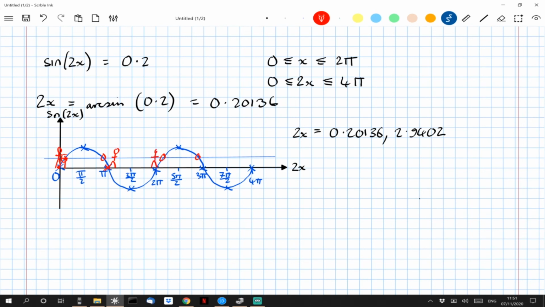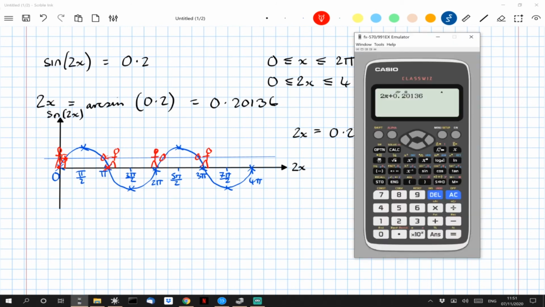Likewise, someone starting at the bottom of the hill here has to walk forward 0.20136. Friend at the opposite side has to walk backward 0.20136 to get the solution. So that's why I'm taking from pi here, adding to 2 pi here, taking from 3 pi here.